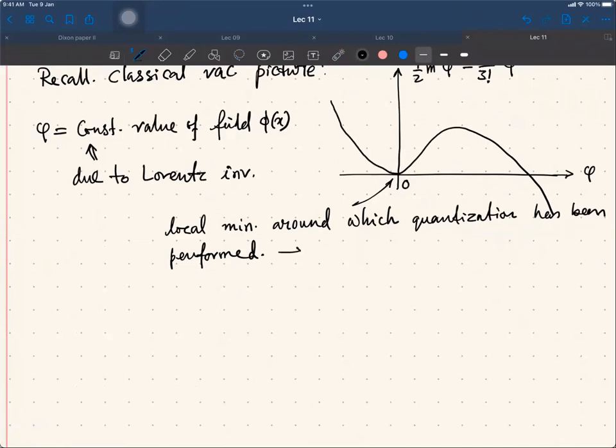And this corresponds to the vacuum state of the interacting theory in canonical quantization.